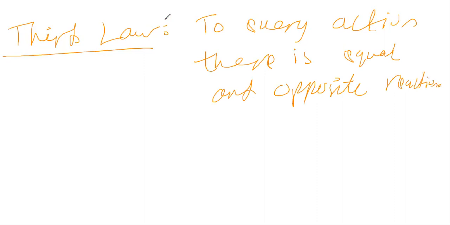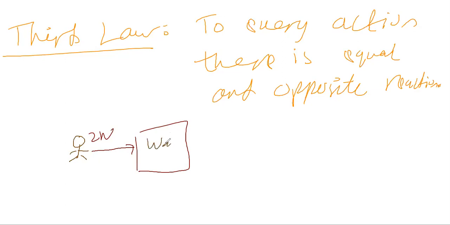What does it mean? It means, this is a box, and if you hit the box or apply a force of 2 newtons, in return... okay, now this is you, and you are applying 2 newtons of force on the wall. This is a wall.